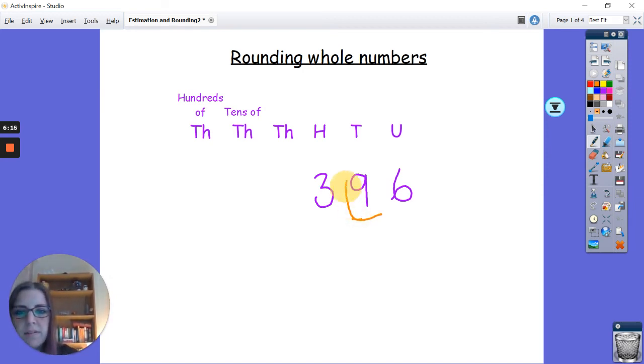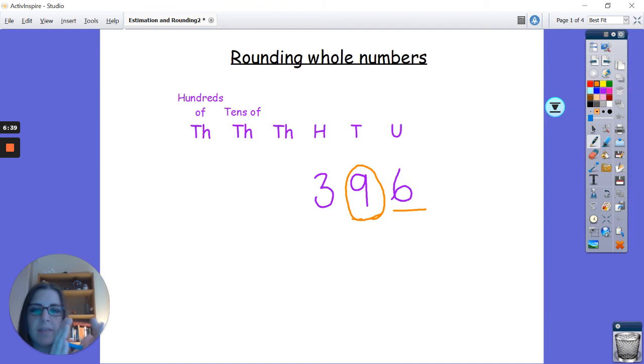So round to the nearest 10, that's our place that we're rounding to, the one we're thinking about. So is it either going to stay as a 9, which would be 390. And as I said, your two options are stays the same or goes up by 1. But the maximum value we can have in a single column is a 9. So how can 390, what would the other option be? We've got 390 or a 10 bigger than that.